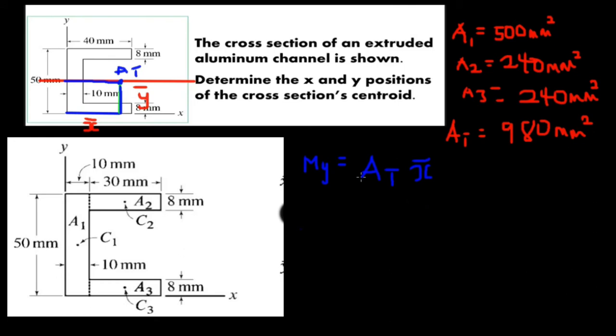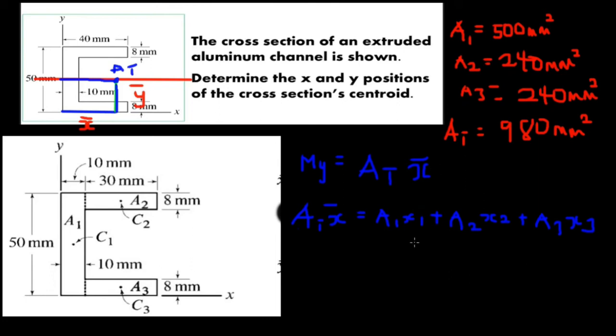The moment of the total area times x bar should be equal to the sum of the moments caused by each of these areas. So I'll take this area to be area 1, and its perpendicular distance from the y-axis should be x1, plus area 2, and its perpendicular distance from the y-axis should be x2, and then area 3, and its perpendicular distance from the y-axis should be x3.